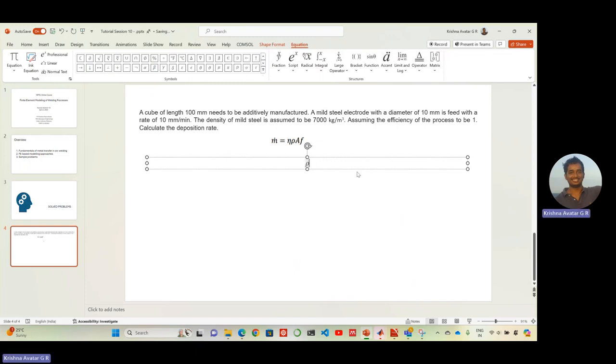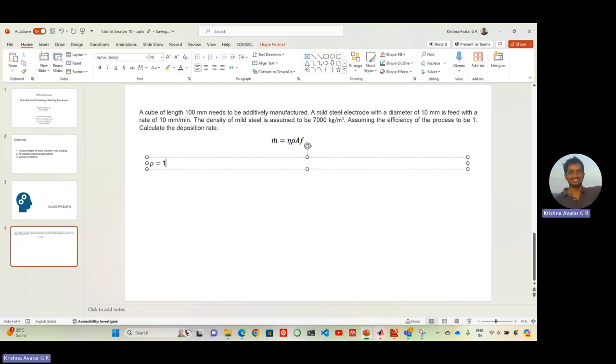We have rho here. So rho will be equal to 7,000 kg per meter cubed. This is what we are given.